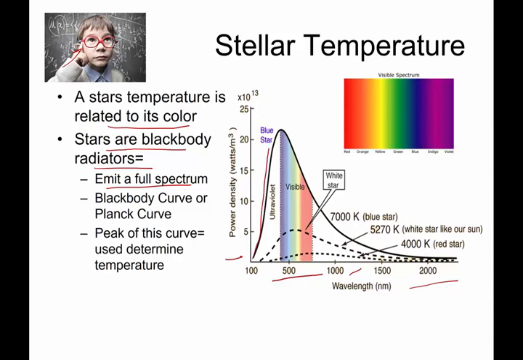This whole shape is called its black body curve, and the peak of that curve will be right around the color that is most dominant for that star. So a blue star will have a black body curve around there, a white star a little bit further into the middle of the visible spectrum, and a cold red star is going to have a peak more on the red end of the spectrum.